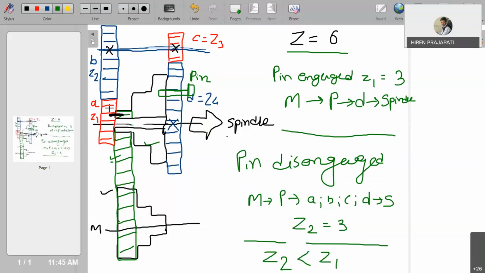The reason is because here we are using a gear ratio such that we get reduction in speed.